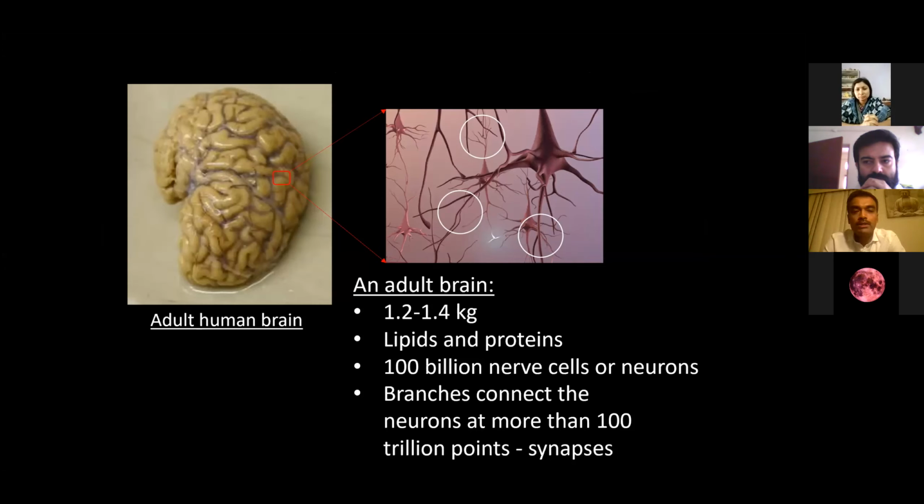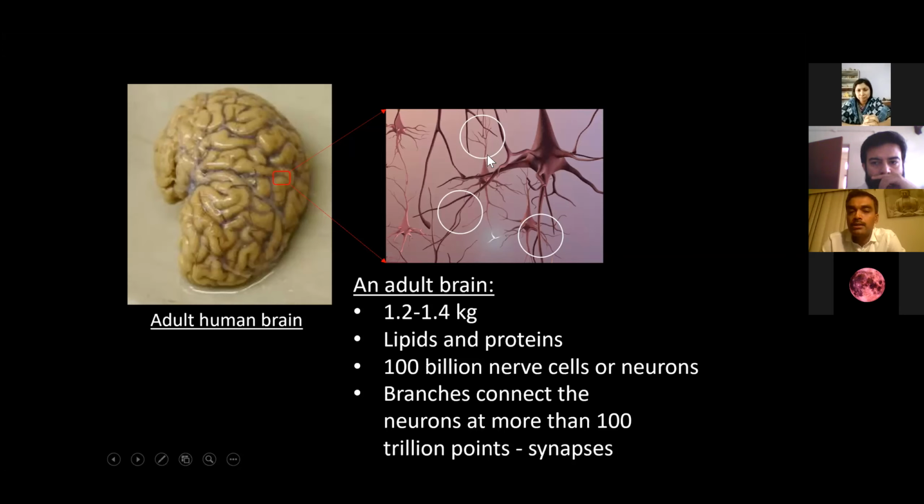Now, if you take a slice of this brain and look at it under the microscope, this is of course a schematic, what we see is tons of cells. All the cells in the brain we call nerve cells or neurons, and the numbers are tremendous. Almost 100 billion neurons are present in one adult brain, right? And not just the number of neurons, but those neurons interact with each other.